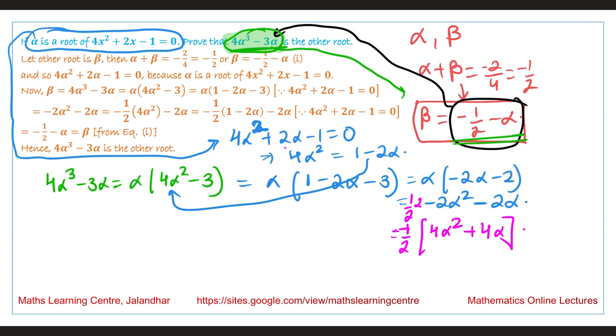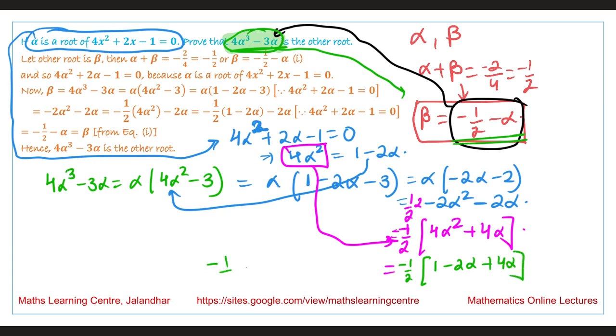Again we substitute the value of 4α² from this equation. The answer we obtain is −1/2 (1 − 2α + 4α), and this value is equal to −1/2 (1 + 2α), which is equal to −1/2 − α.